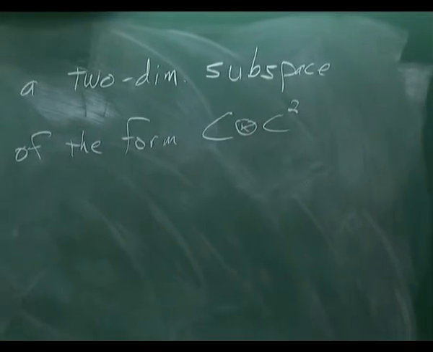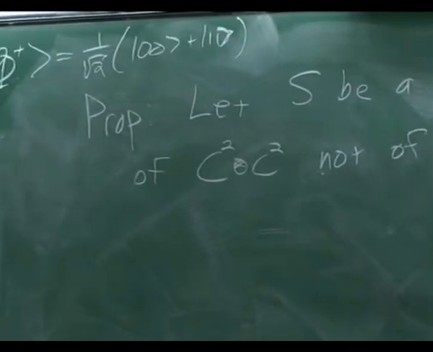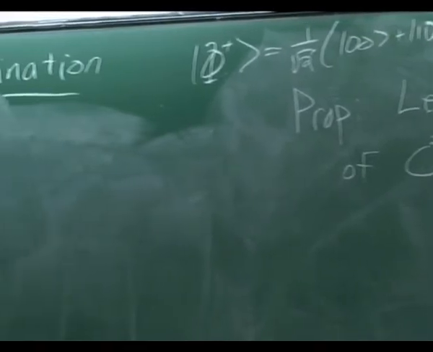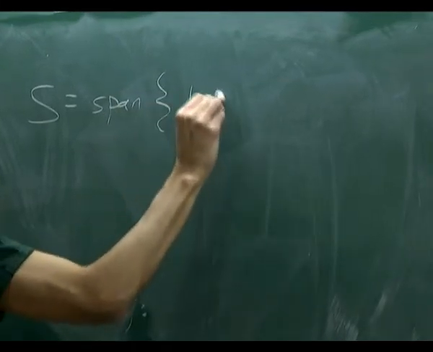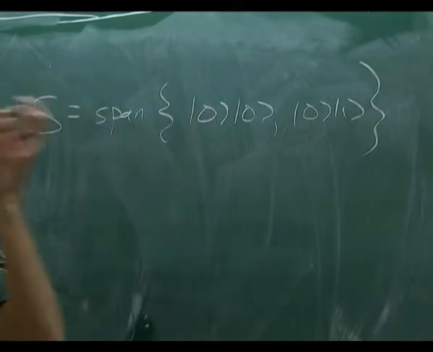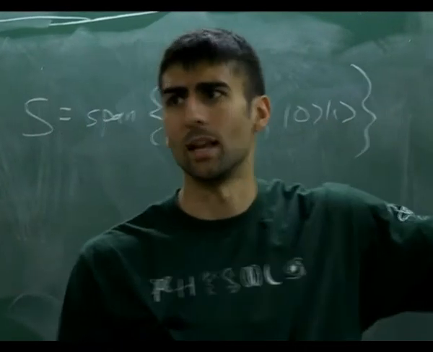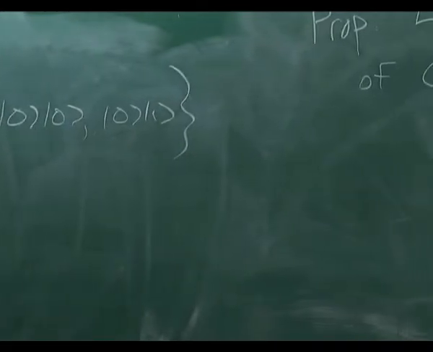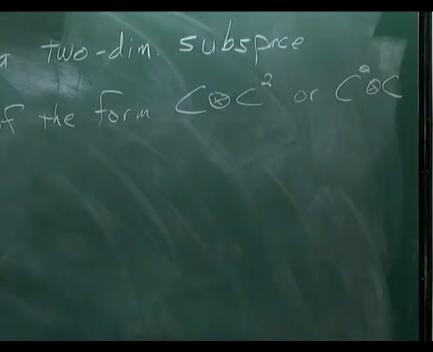In other words, I don't want to consider degenerate subspaces. So I don't want S to be the span of, say, 0, 0 and 0, 1. This is the case where Alice's state is fixed, and on Bob's side it's a 2-dimensional subspace. So I'm eliminating this sort of subspace from the statement.